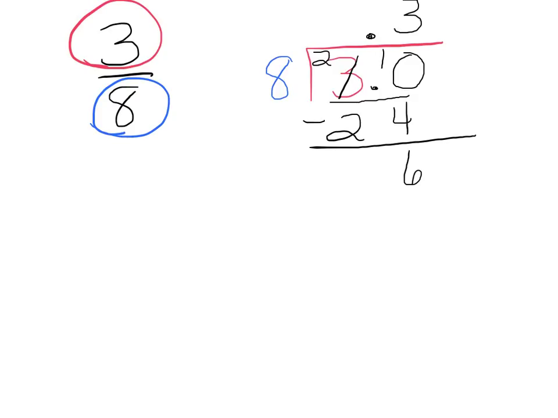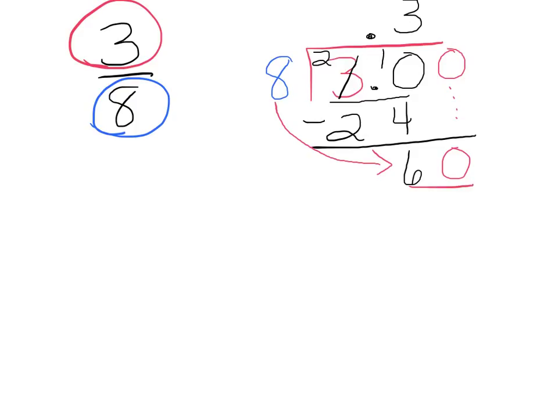Okay, now, this time I'm saying, can 8 go into 6? Well, it can't, so a neat little trick I can do is I can add a 0 up here and drop it down. And now I have, can 8 go into 60?